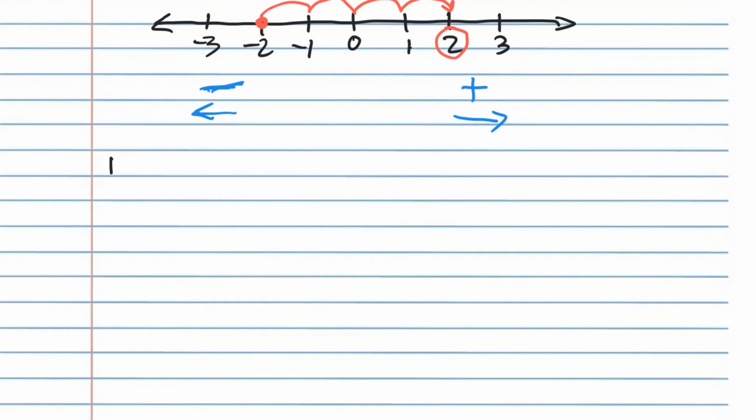Okay, so example, let's stick with small numbers to make it super easy right now. Let's go with -6, and then we're going to go -3.